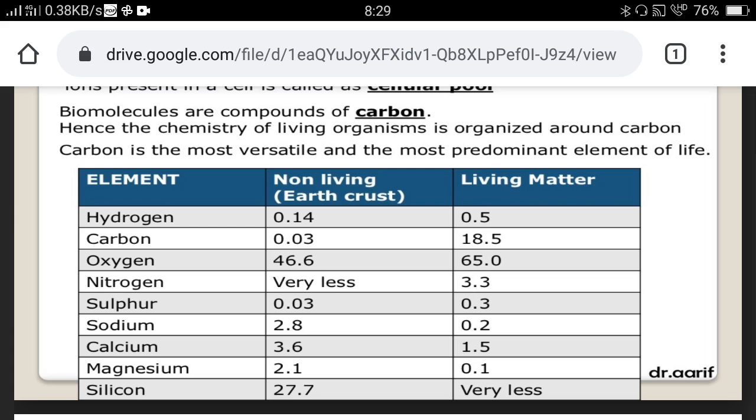Oxygen 46.6, and in our body 65.0%. Nitrogen, that is very less, but in our body that is 3.3. Sulfur 0.03 in the non-living, and in living it is 0.3. Sodium 0.2, calcium 1.5, magnesium 0.1, and silicon, that is present in very less amount, but in earth crust it is 27.7%.